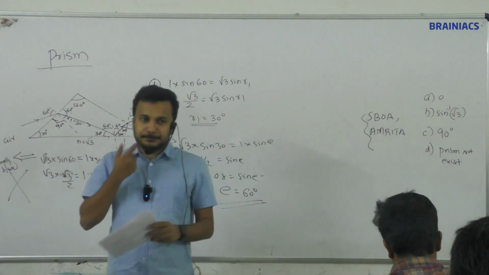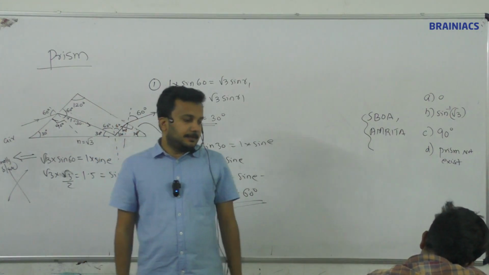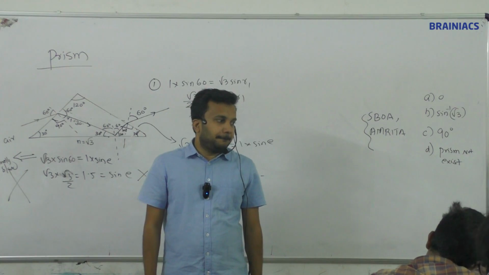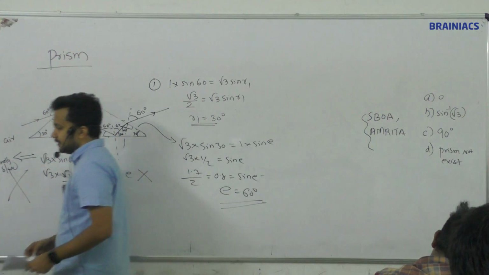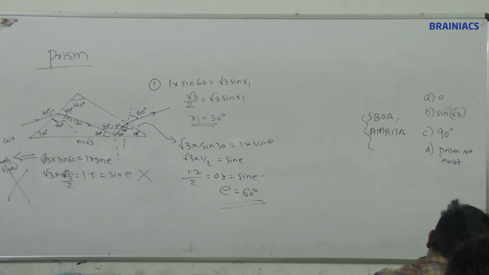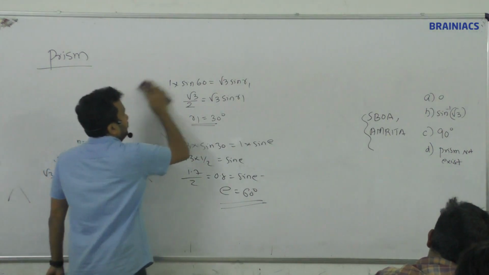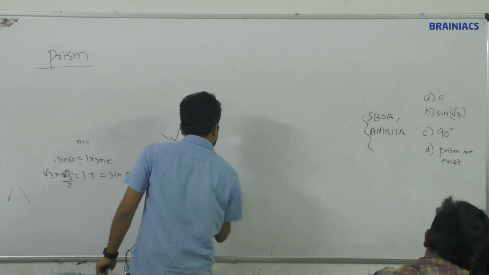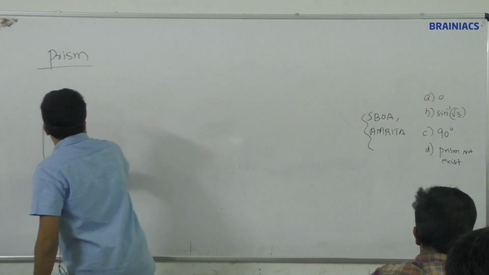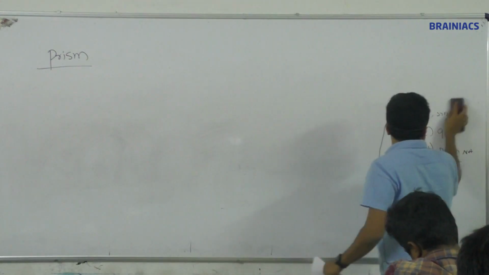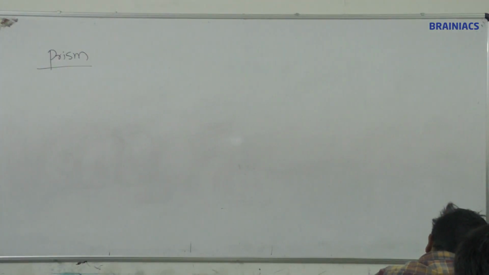Number one: when the refractive index of the prism increases, delta increases.